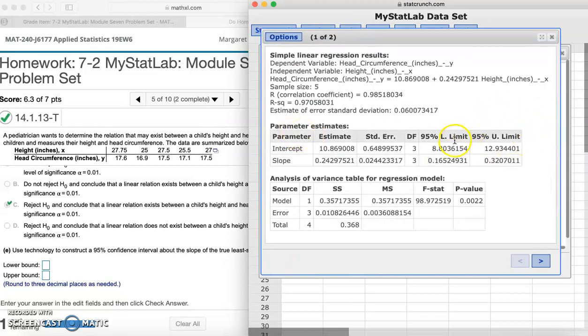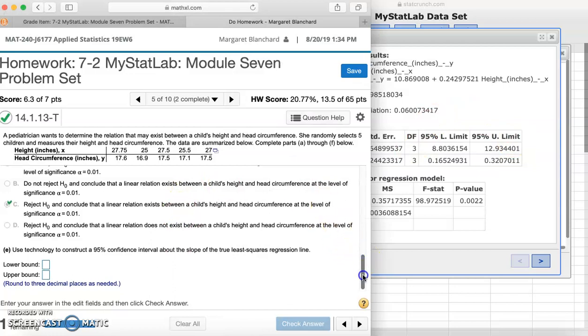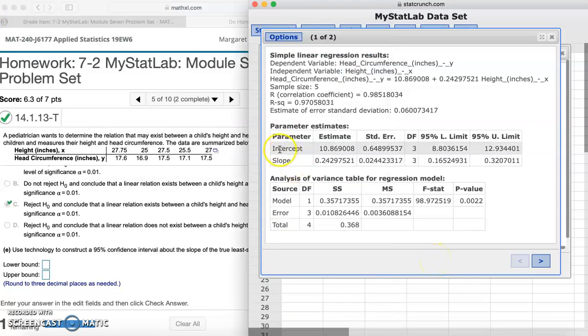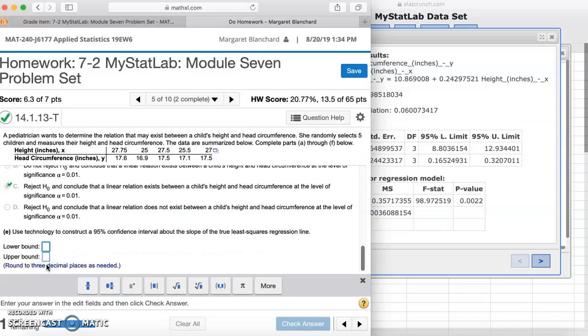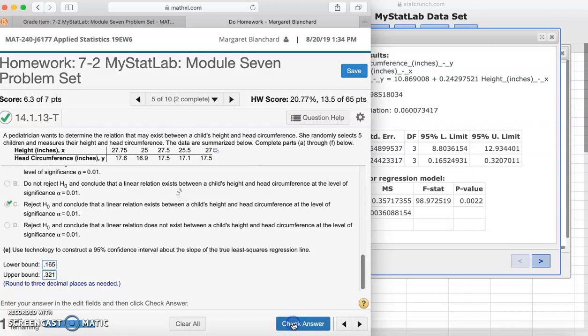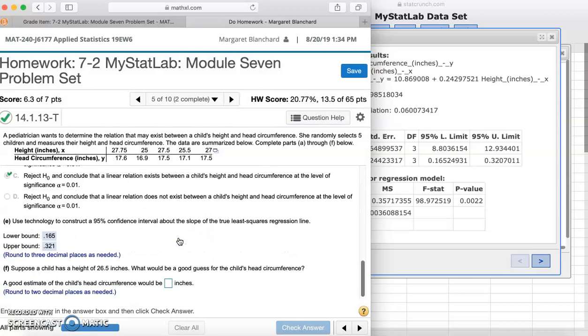Instead of having a p-value, though, now we've got our upper and lower limits. So let's scroll down. We're looking for the interval about the slope. So we're going to use this bottom row right here. Our lower bound, rounded to 3 decimals, is 0.165. And our upper bound is 0.321 once we round up. Check answer. Fantastic.